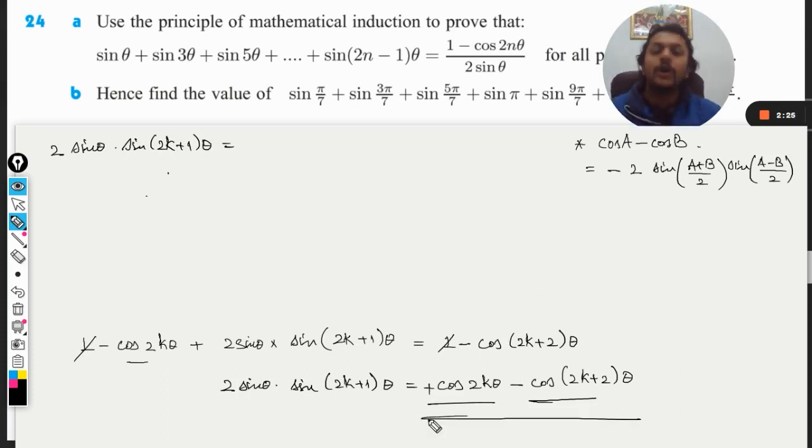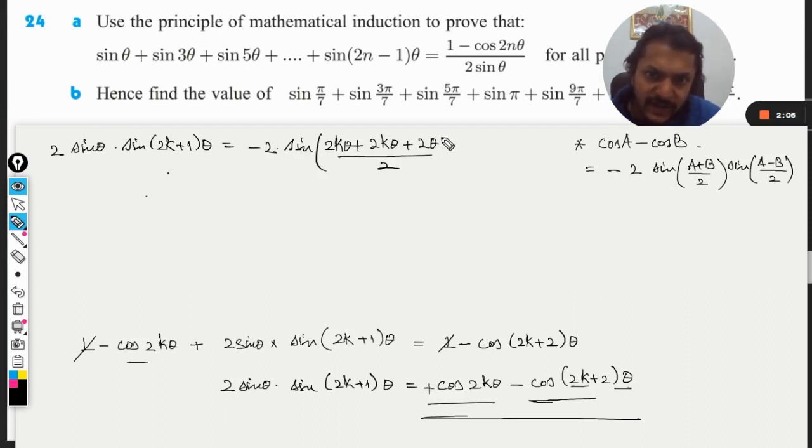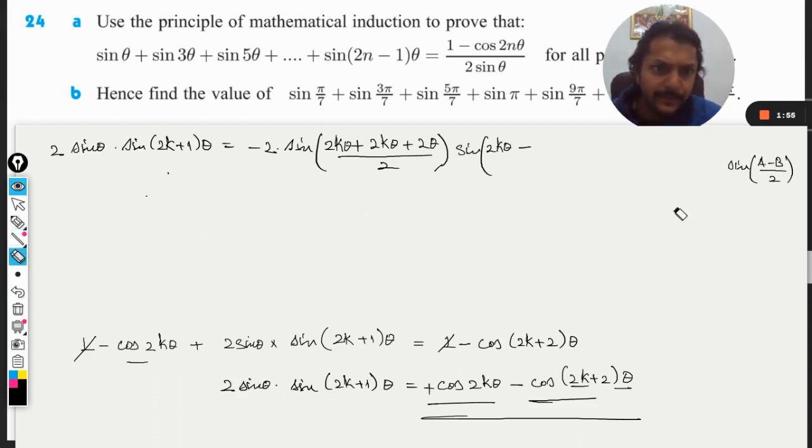And now I am concentrating on the right hand side. So it will be minus 2 into sin of (A plus B) divided by 2. So it is (2kθ plus 2kθ plus 2θ) divided by 2, and also sin of (2kθ plus 2θ minus 2kθ minus θ)... divided by 2.